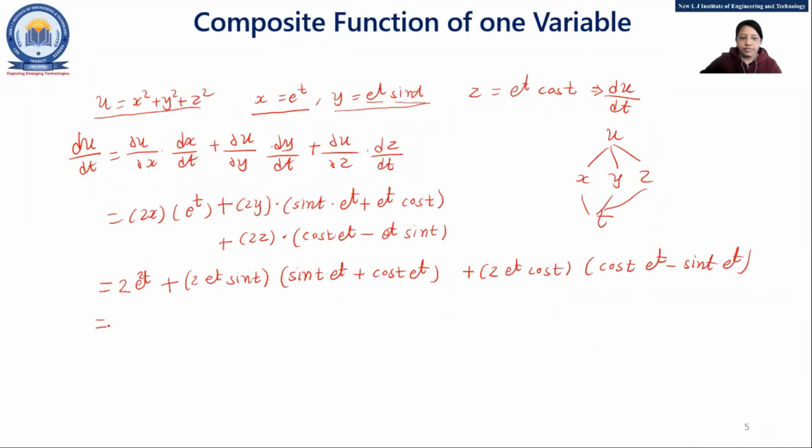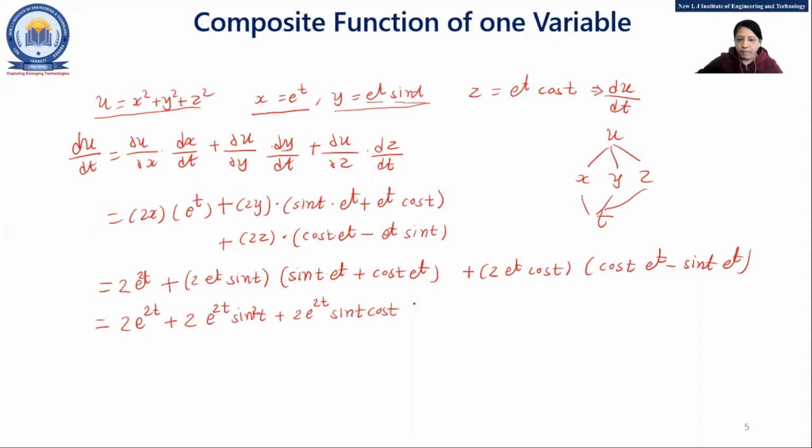Now just simplify it quickly. 2 into e raised to 2t, just a multiplication, so 2 into e raised to t sin t. So e raised to 2t sin square t plus 2 into e raised to 2t sin t cos t.